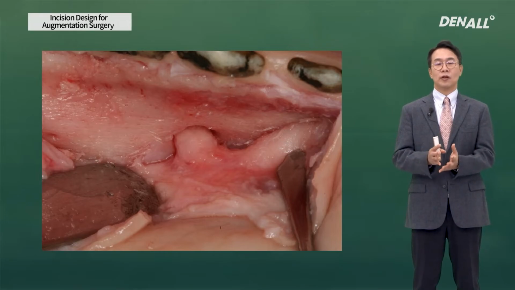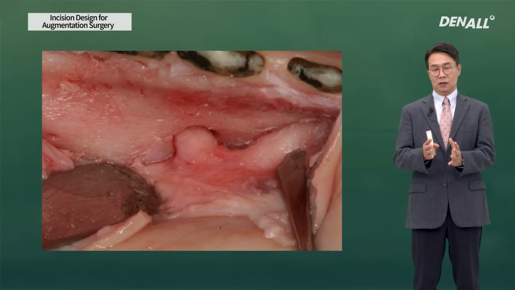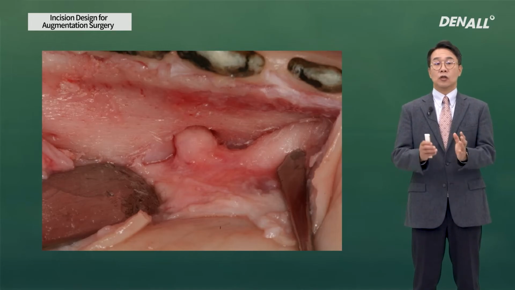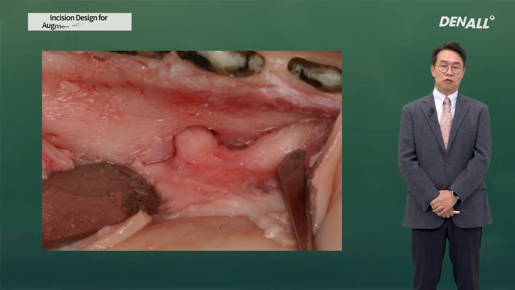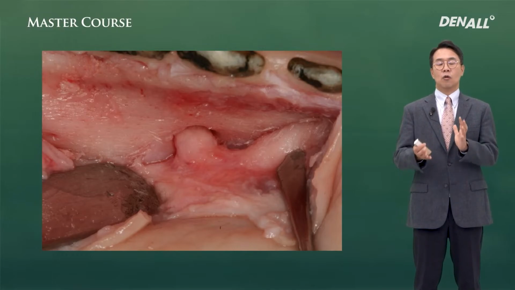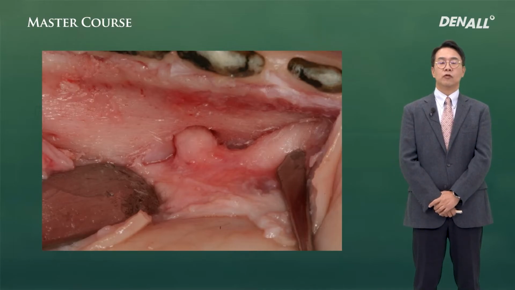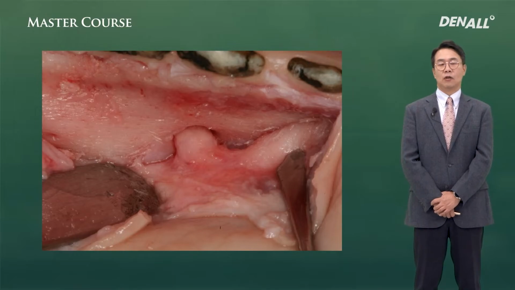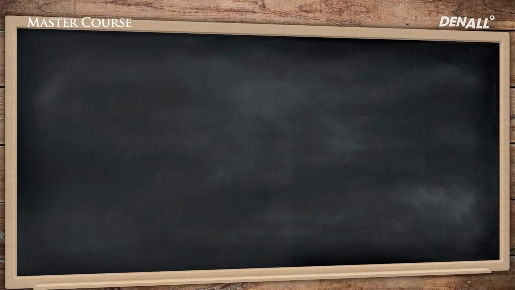This is an animal photo showing a nerve running in the foramen. So how can you make an incision near there? For an augmentation surgery in the mandible, we need to be careful, and that will be discussed in another lecture.